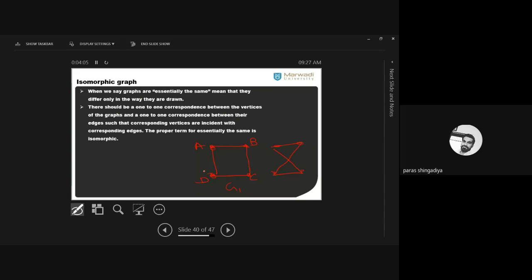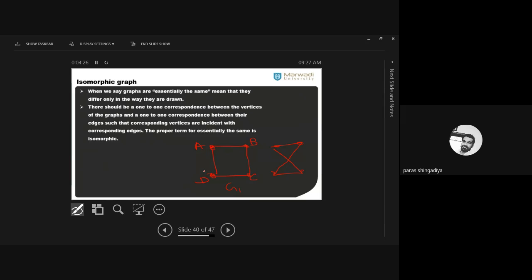Consider one vertex A from the first graph. Clear? And find out its image in the second graph. So how can we find the image in the second graph? Clear? For that you consider the degree of that vertex. So what is the degree of A? That is 2. So find out such a place in the second graph whose vertex has degree 2. Clear?